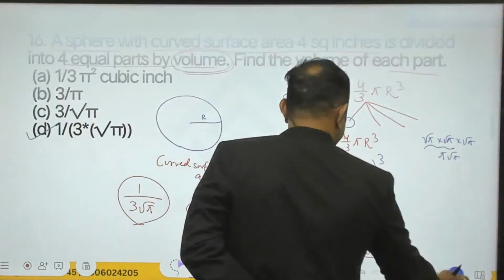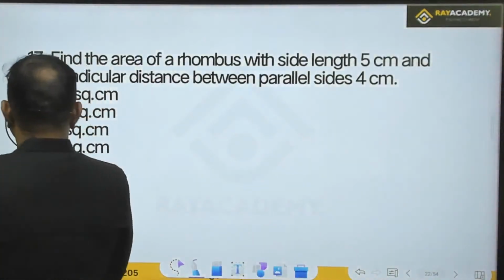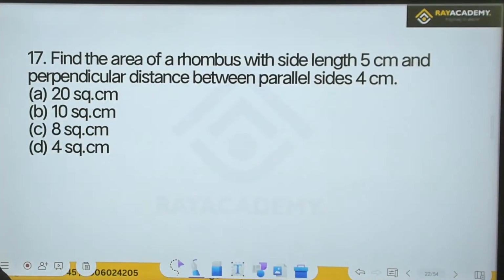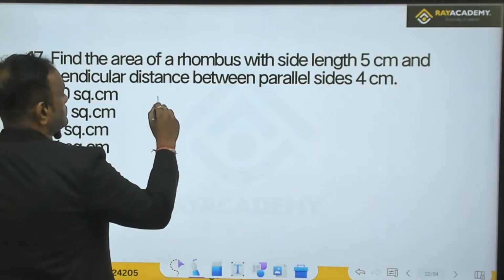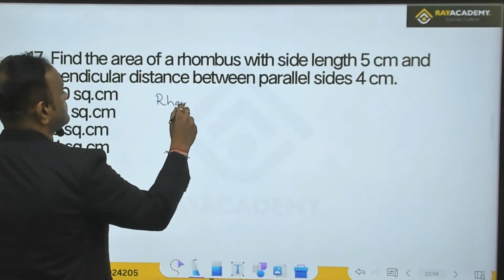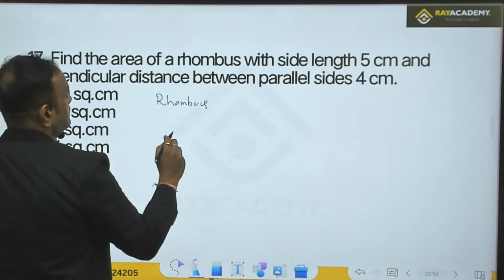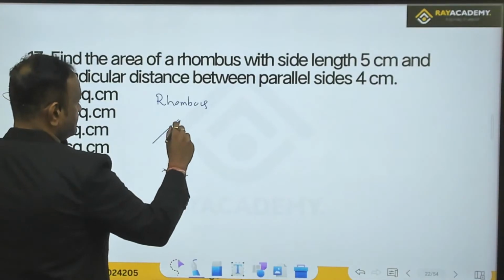Next question. 17. Find the area of a rhombus with side length 5 centimeter and perpendicular distance between parallel sides is 4 centimeter. Okay, look at the rhombus. Rhombus is something like this.